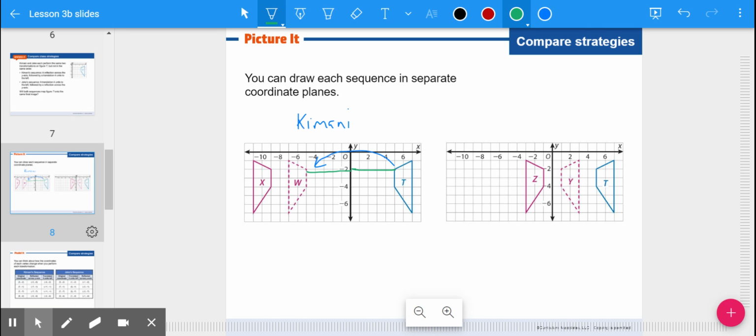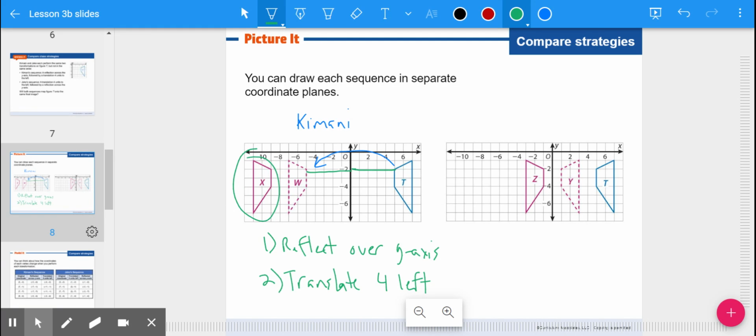But everything is reversed. And you end up at figure W. So number 1 was the reflection over the y-axis. And then number 2 was a translation 4 to the left. And she ended up with this as the final figure, figure X.